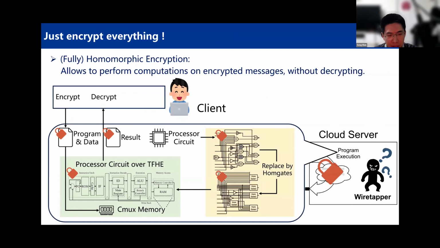Using fully homomorphic encryption, what we can do is encrypt everything and let others do the work and send the result back to us. But we're not only caring about our data, we're also thinking about how we can protect what we are actually computing, the program as well. That's the backward of the motivation.